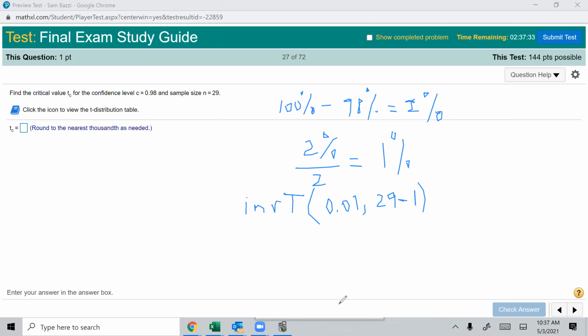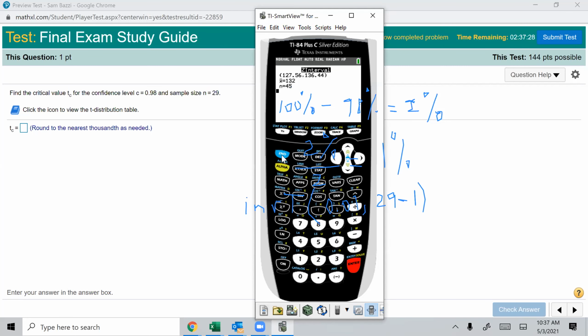Let me show you. I'm going to go to second, distribute, inverse T. Oops, I put the wrong formula. Second and quit. Clear. Second and distribute. Area 0.01.